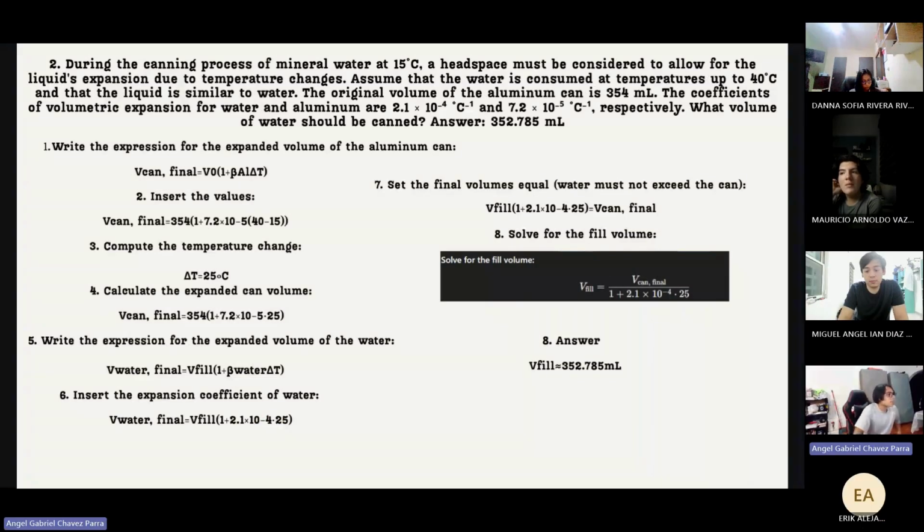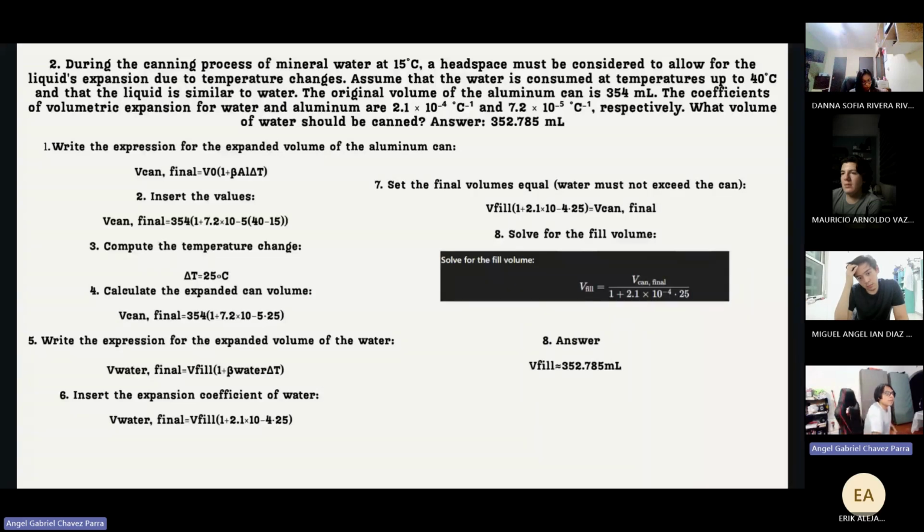During the canning process of mineral water, a head space must be considered to allow for the liquid's expansion with temperature change. Assume that the water is consumed at a temperature of 40 and the liquid is similar to water. The original volume of the aluminum can is 354 ml.